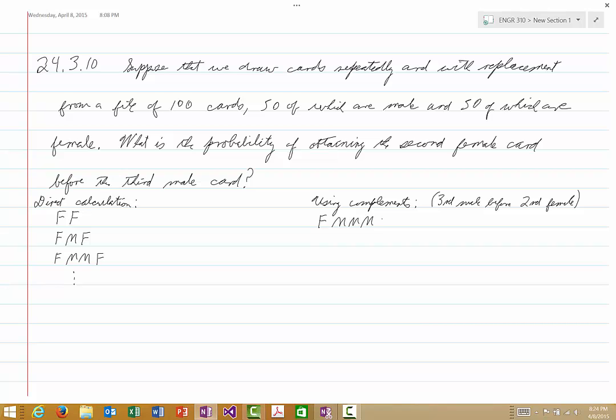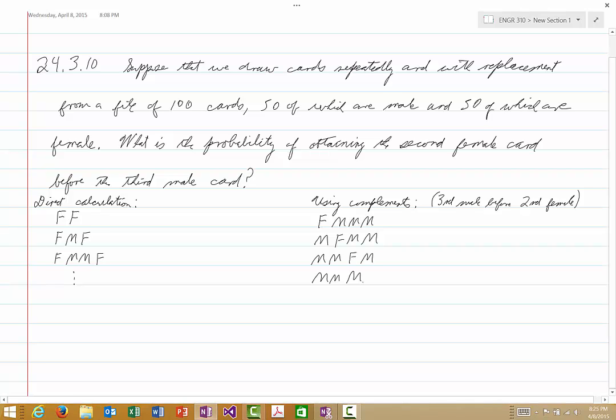So female, male, male, male, or male, female, male, male, or male, male, female, male, or male, male, male. But I can't think of any others besides these that would give us our third male before the second female. I'll let you look at that and see if you can come up with any others, but I can't think of any others right now.